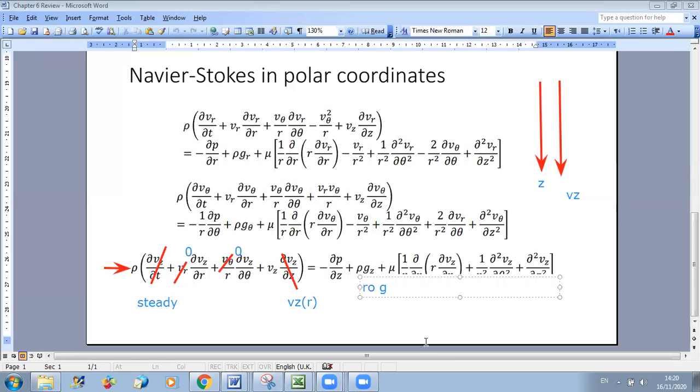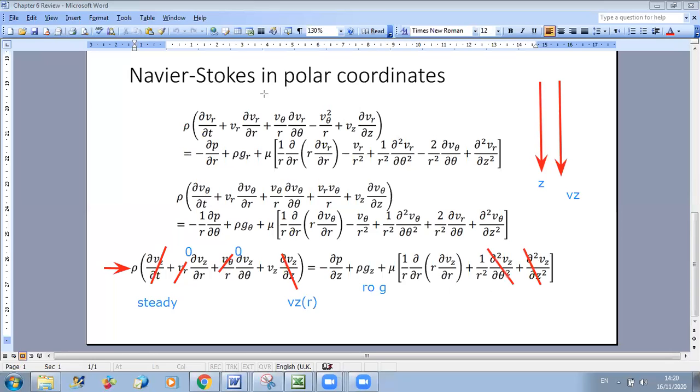Now from the other side, we said that Vz is a function of R, so this term will not be 0 because del Vz by del R is not 0. For the other terms, the second derivative of Vz with respect to theta and the second derivative of Vz with respect to Z are 0 because Vz is only a function of R, so these two terms cancel out.